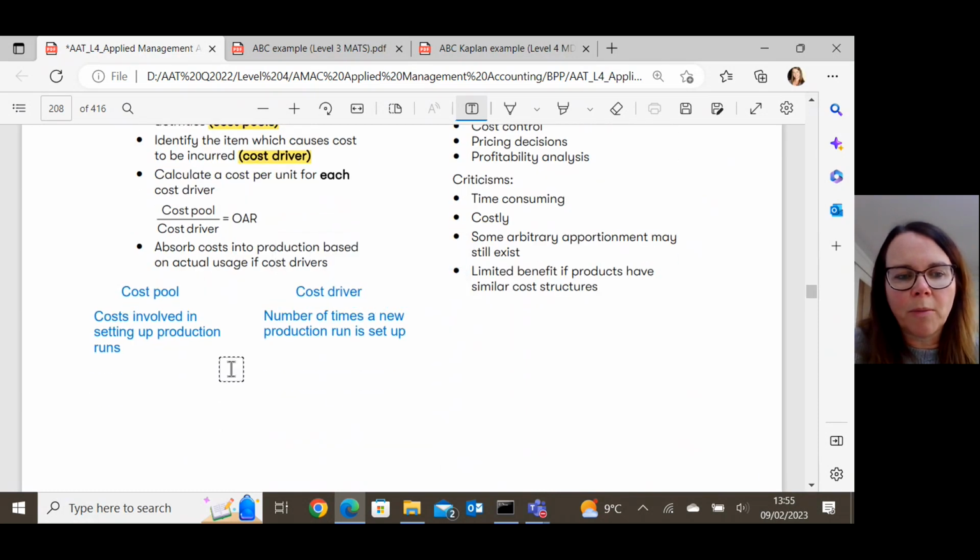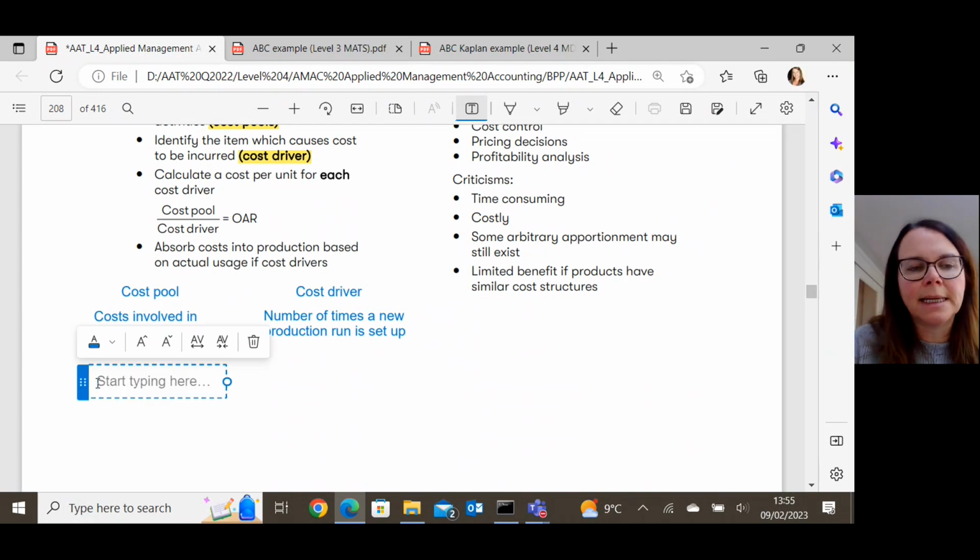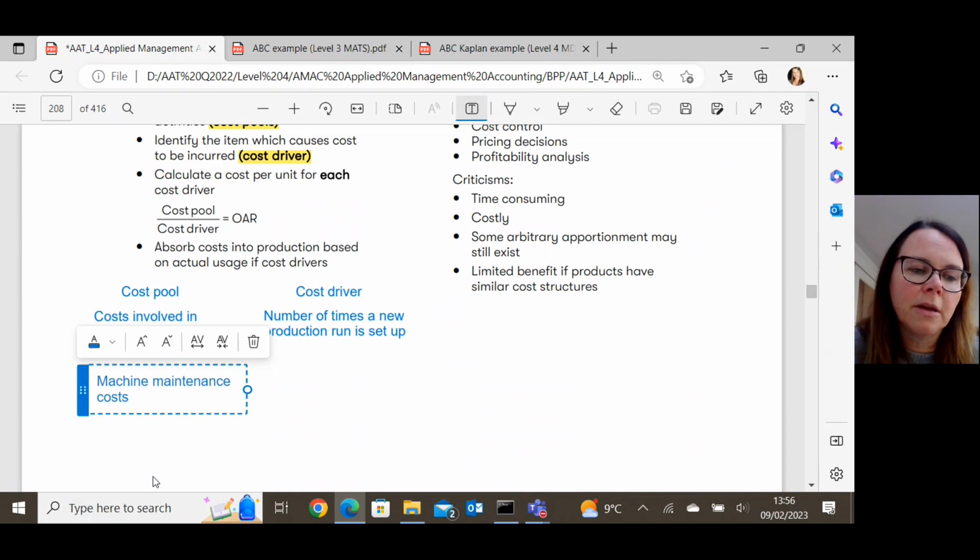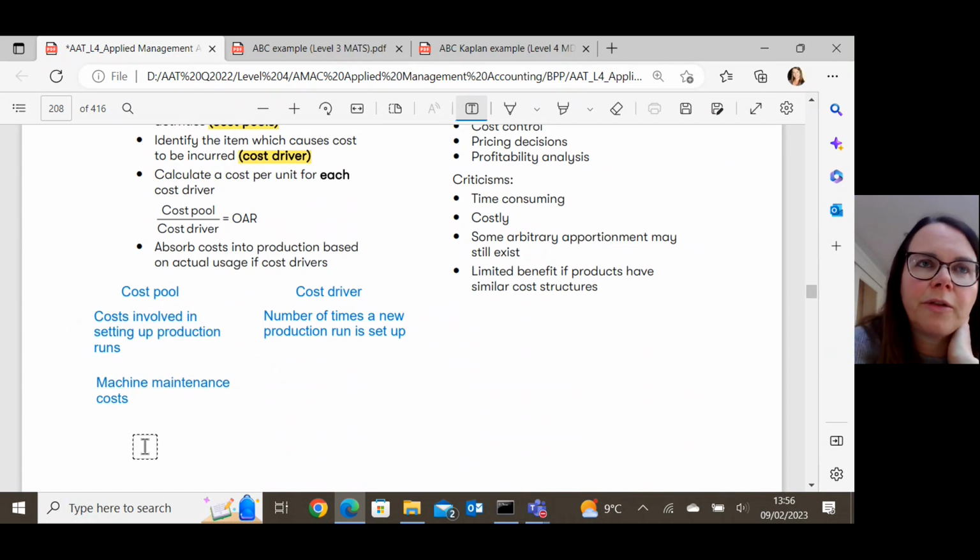Just to give one more example, a cost pool might be having to maintain machines. That could be the cost of spare parts, the cost of the people actually doing the maintenance, or the regular inspections to see if they need maintenance.